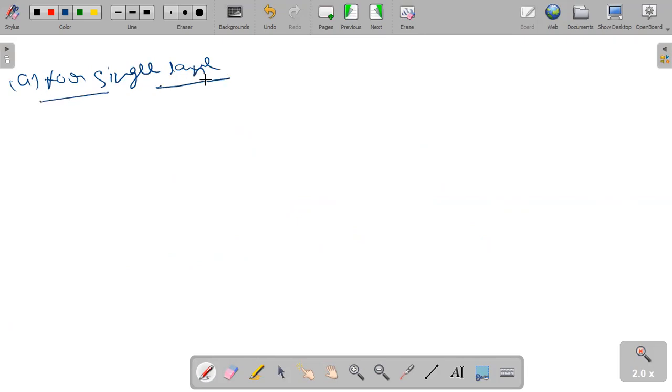Before that, let's draw a diagram for the sake of simplicity. Something like this.